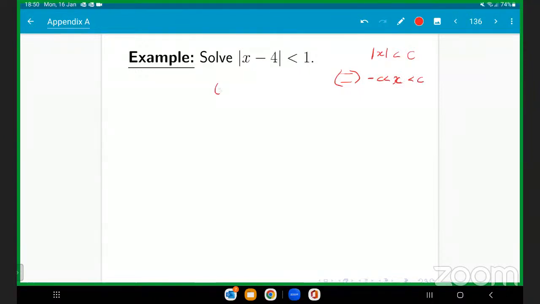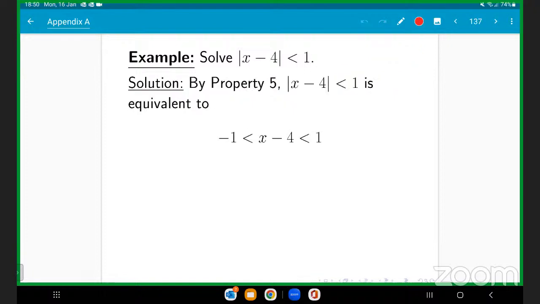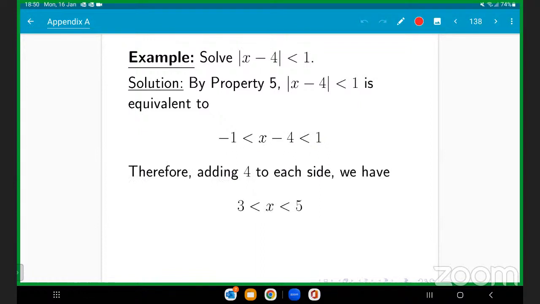So here, if we want to drop the absolute value, we take everything inside, and that must be less than 1, but at the same time, it must be bigger than minus 1. Now you add 4 to each of these, and you have the solution: x lies between 3 and 5.